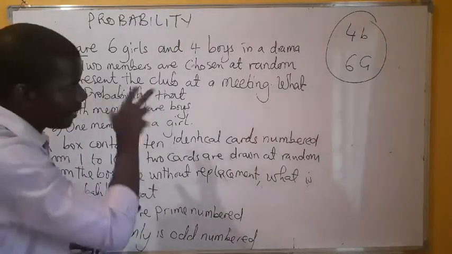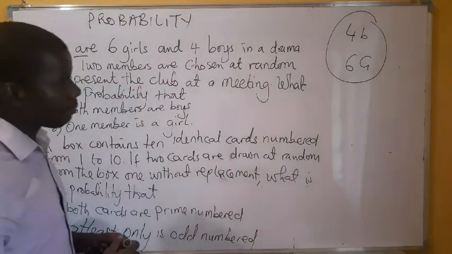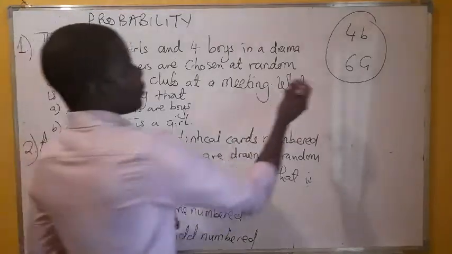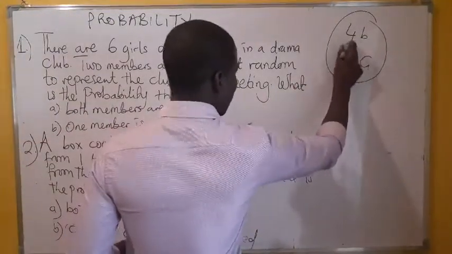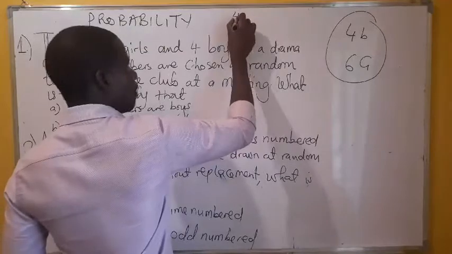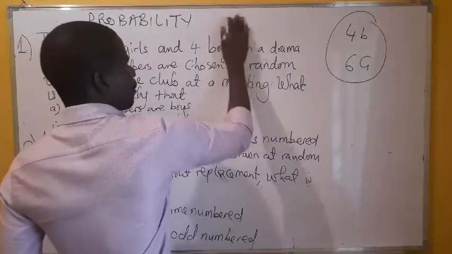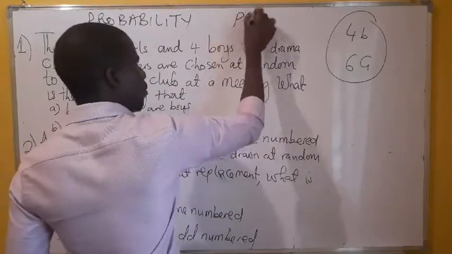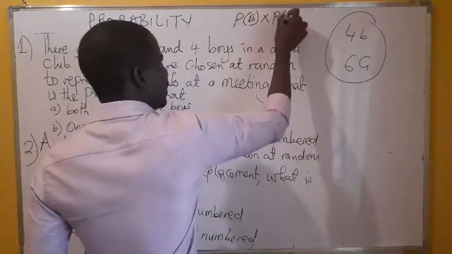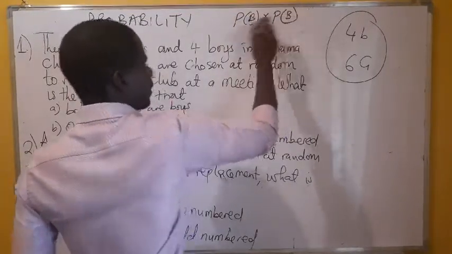I hope you have seen the question. If both members are boys, the first one is a boy and the second one is a boy. This is what we have.